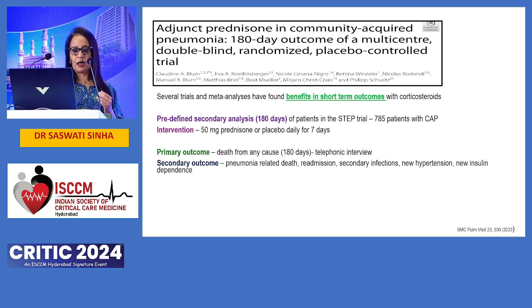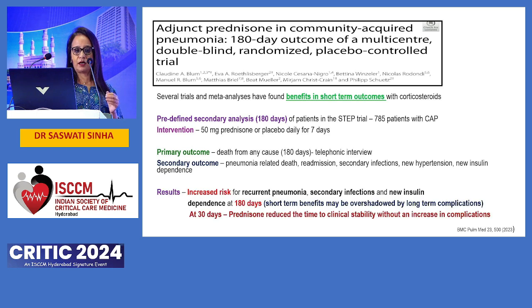There was another study also which looked at long-term outcomes, and this was a study which was initially performed to compare prednisolone versus placebo for 7 days. The primary results, which they reported at the end of 30 days, showed prednisolone reduced the time to clinical stability and it reduced complications.